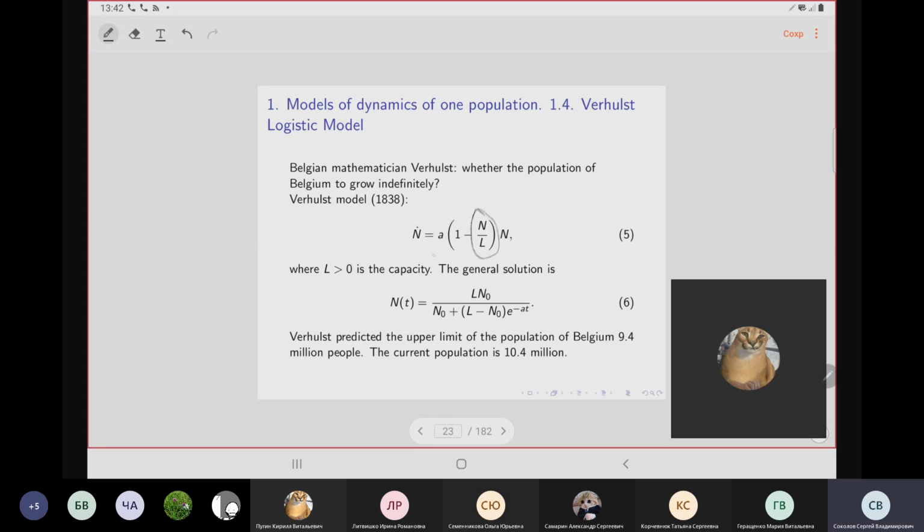The reproduction in Malthus form, when n dot is an, is working for bacteria or something like this. In real life, when we consider mammals or more highly organized species, we have to take into account that we need both of them, male and female.